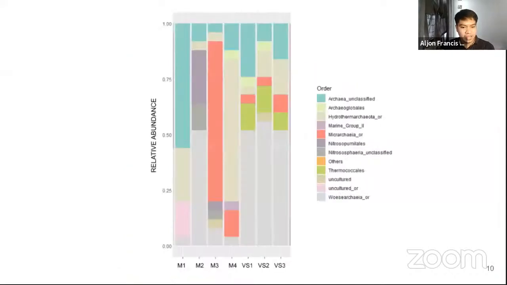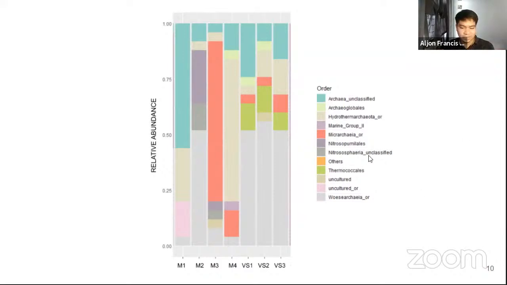There's also some high heat loving archaea. You have your Archaeoglobus and Thermococcus under the order Archaeoglobales and Thermococcales. And there's order Hydrothermarchaeota, which was first described in deep sea hydrothermal environments. So that's quite unique, considering that these are shallow settings. So they're right next to our thriving reefs in Mabini, Batangas, with corals and seagrass meadows.